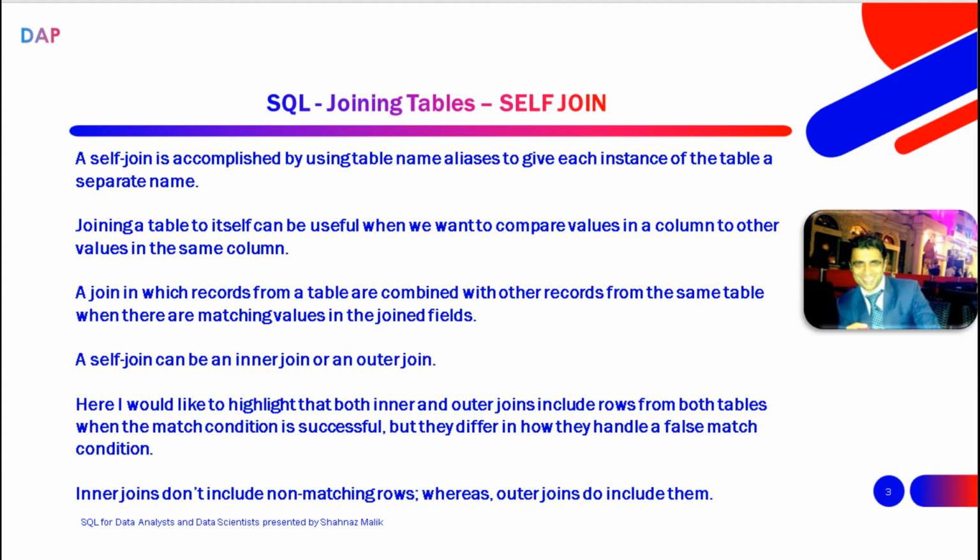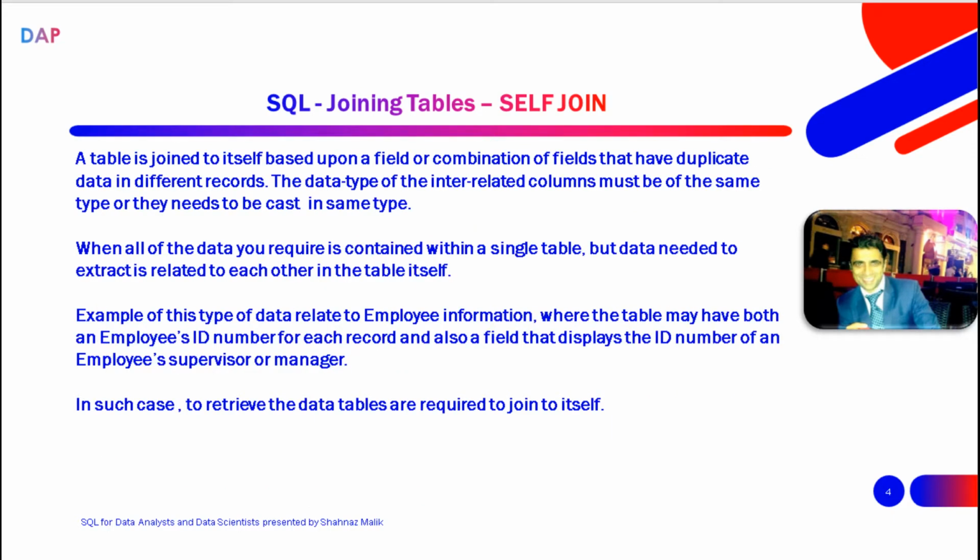But they differ in how they handle a false match condition. Inner joins don't include non-matching rows, whereas outer joins do include them. Just remember this part. Let's continue where we were.